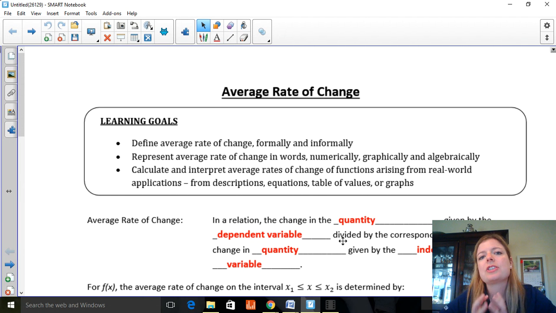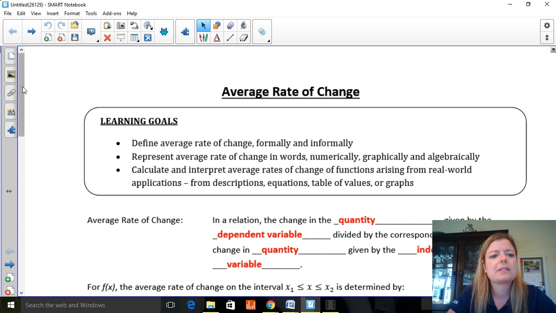So the rate of change tells us how much does the dependent variable change with respect to a 1 unit change in the independent variable. So a positive rate of change means that the dependent variable is increasing. A negative rate of change means that the dependent variable is decreasing. And a rate of change of 0 means that on average there's been no change at all.